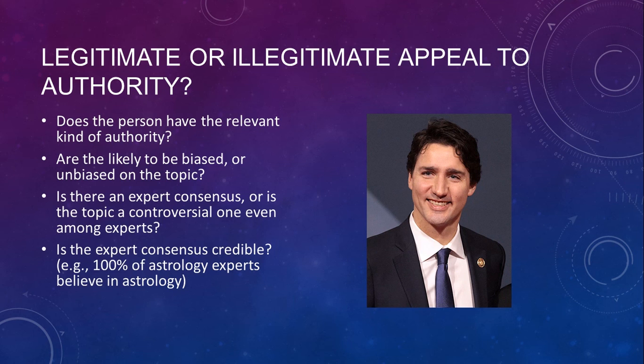This is the basis on which all of the scientific facts that I believe are justified. Because some expert who I think has the relevant expertise, who comes from a community where there's some consensus, and furthermore that consensus is credible, told me so.